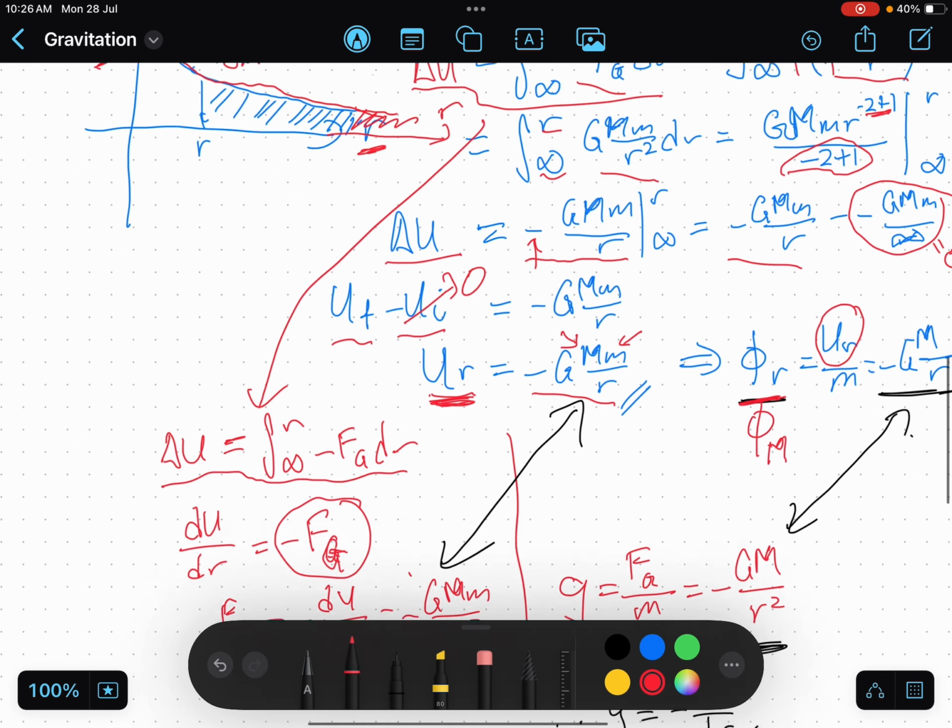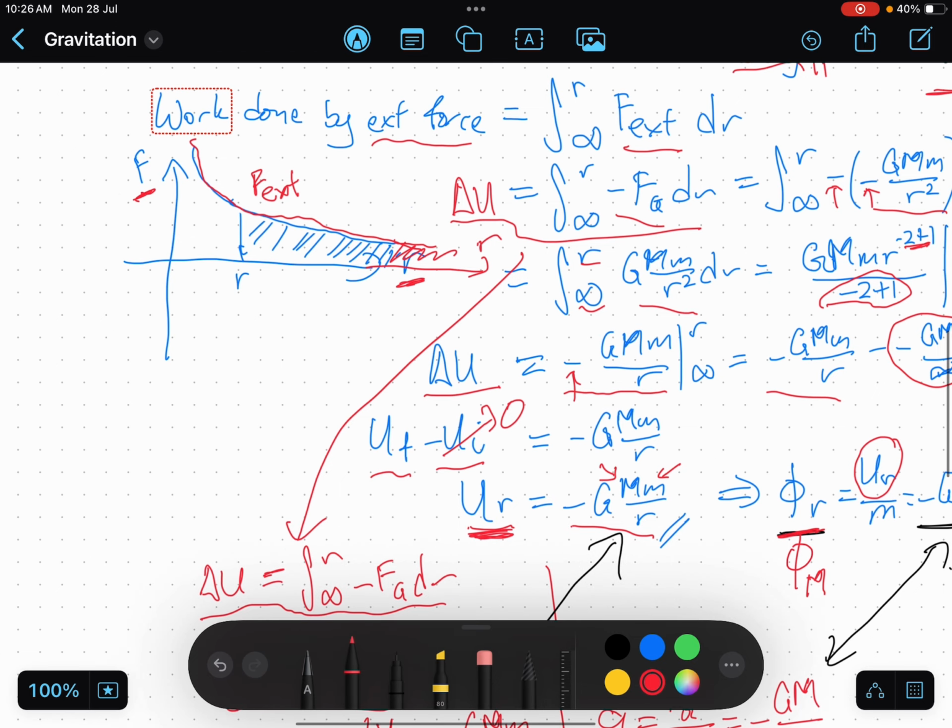So you realize that you get a formula Fg equal to minus dU dr. What this means is very simple. If I want to look at Fg on the graph, it will look like that, but it will be the integral of this thing.